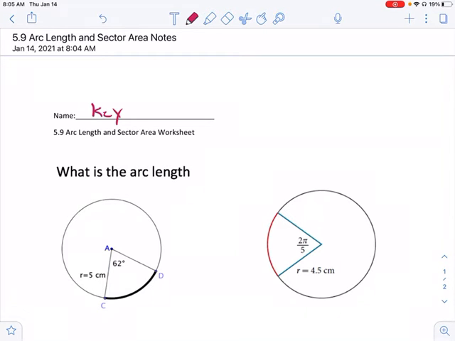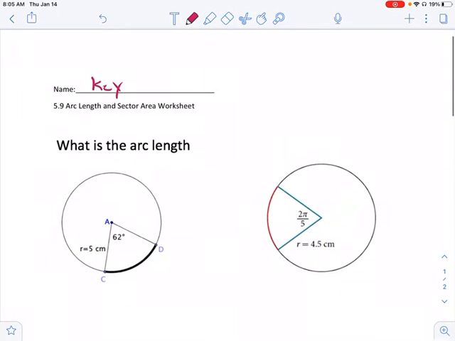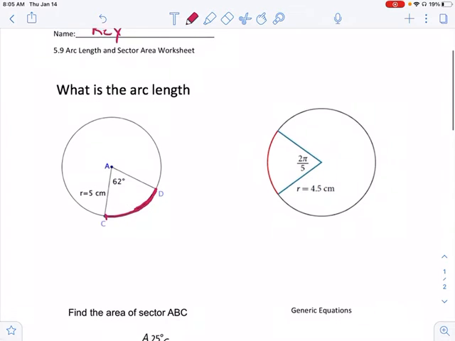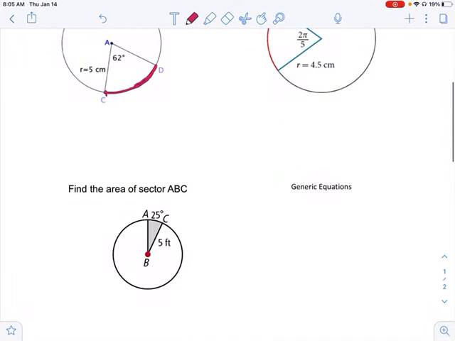So within this lesson, our goal is twofold. One is going to be able to figure out, if I have to travel a limited distance along a circle, how I would figure out that arc length, and that's going to come with some additional vocabulary. And we also have how do I figure out the area of a sector?